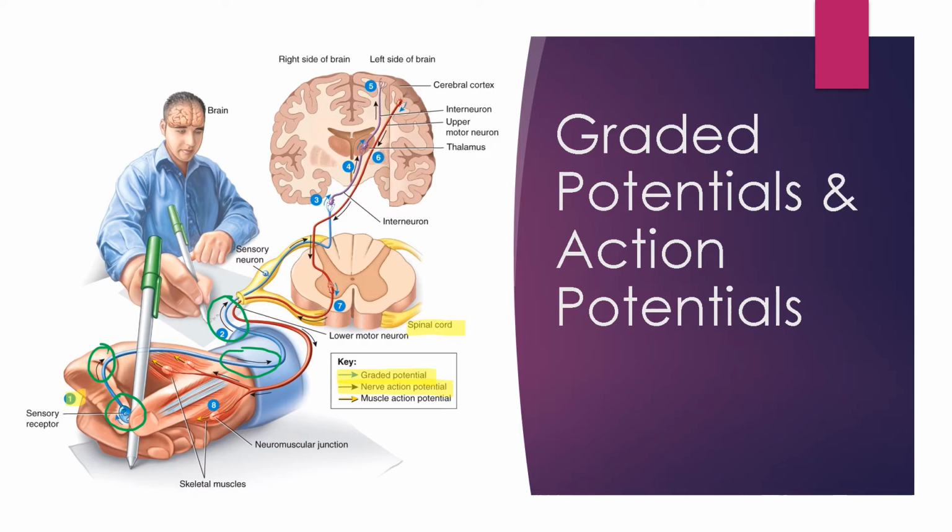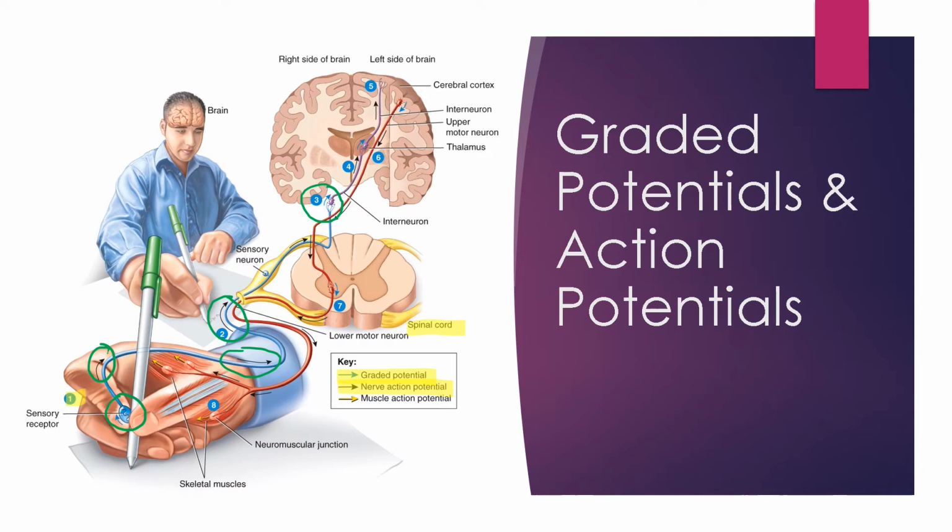Now this is ultimately going to cause the release of neurotransmitters at a synapse with an interneuron, which is actually right here at number 3. So the neurotransmitter that's released at this synapse is going to stimulate the interneuron, which is in purple here. And it's going to stimulate the interneuron in the form of a graded potential.